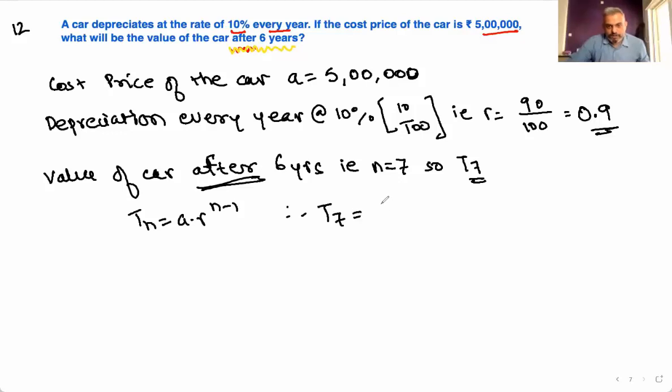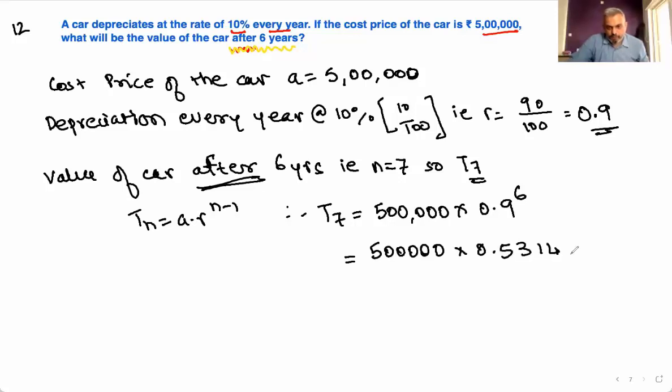Therefore T7 is equal to 5 lakh into R is 0.9 raised to 6, which is equal to, do it on the calculator, 0.9 into is equal to is 2, again equal to 3, 4, 5, 6 into 5 lakh into 0.531441 is equal to 265,720.50.